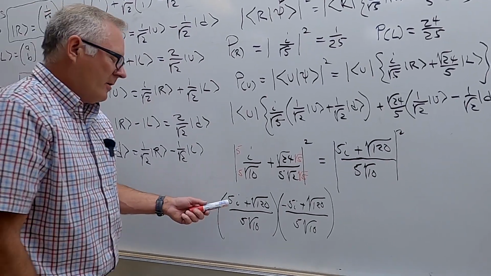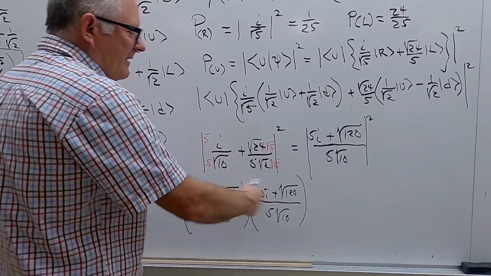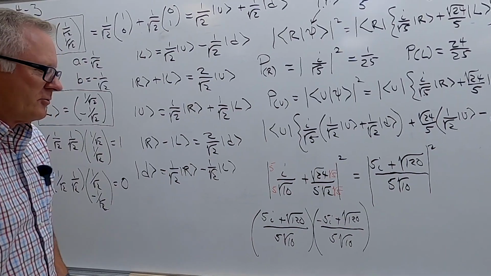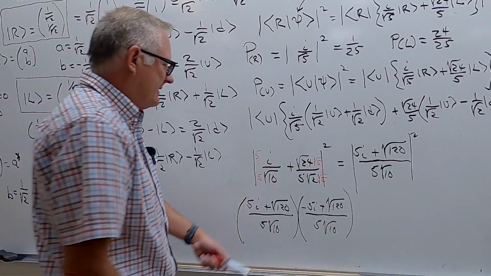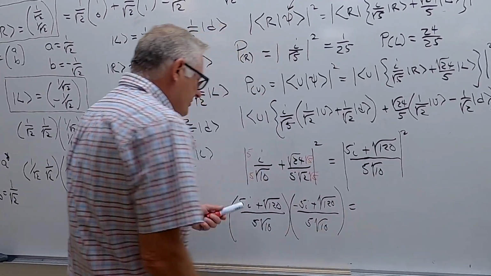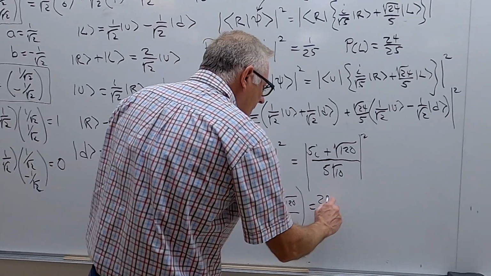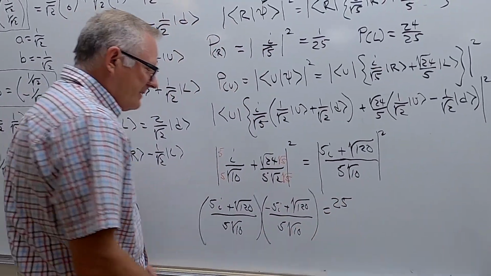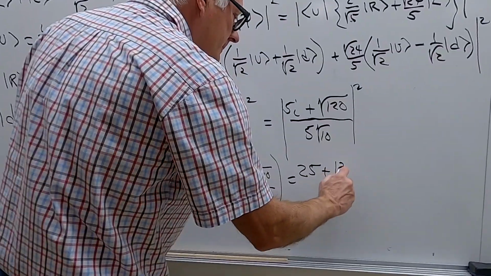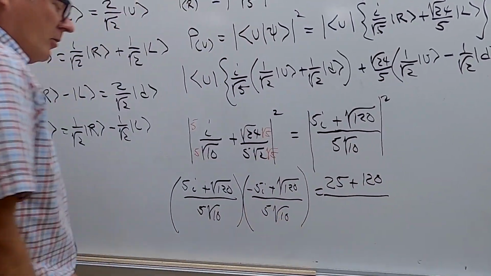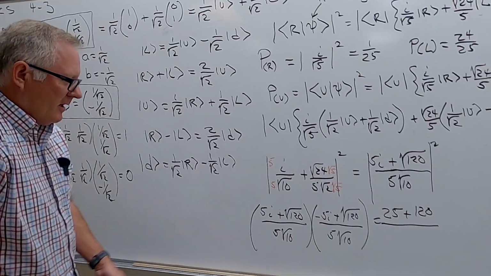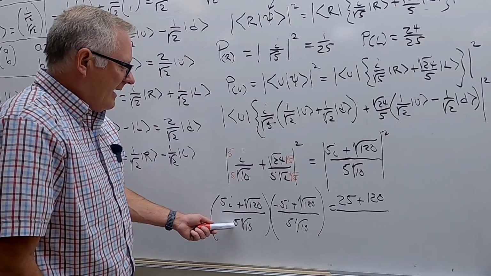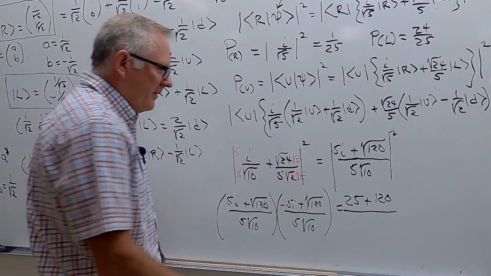Now when we square out the numerator, the cross terms always drop out, and it's always the first squared plus the second squared. The first squared is 25. The second squared is 120, all over the bottom squared. Well, that would be 25 times 10, which is 250.